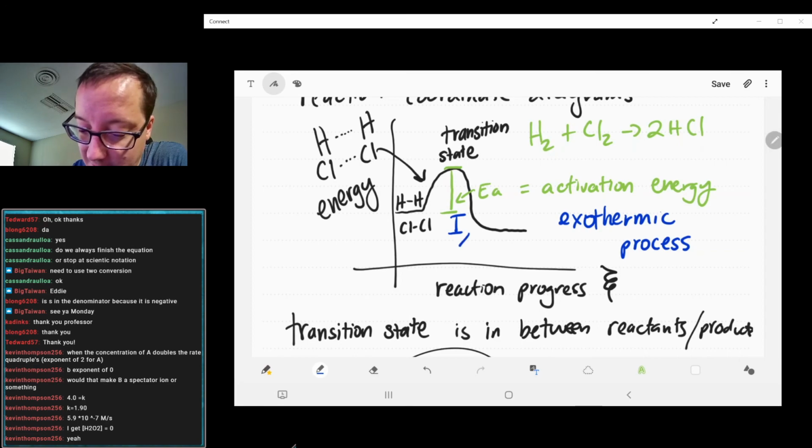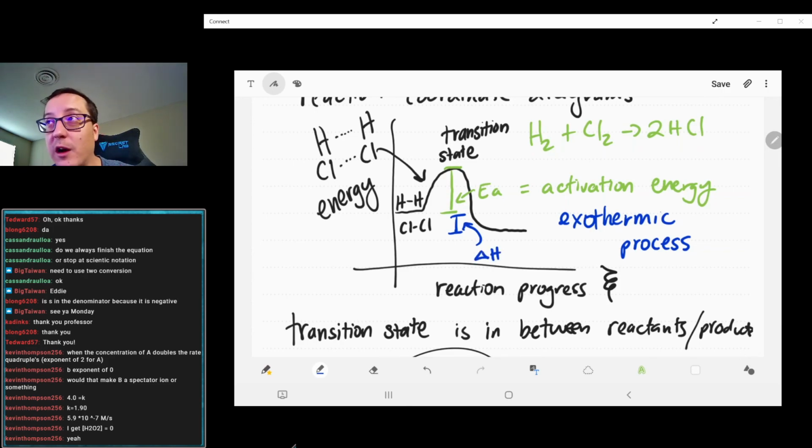This would be our delta H term right here. Our products, as we can see here, are lower in energy than our reactants. That tells us we had an exothermic process. It gave off energy overall. So our delta H is also something we can get from a reaction coordinate diagram.